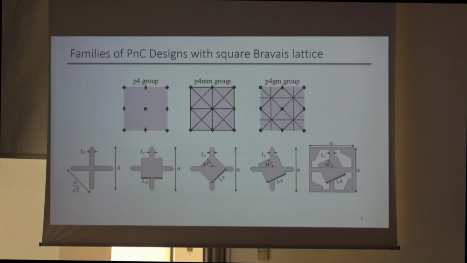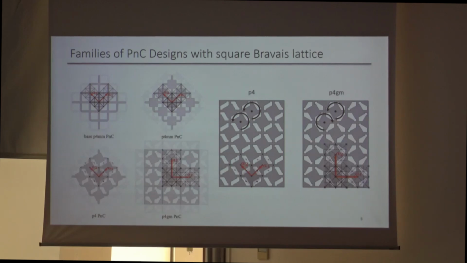Then we rotate it 45 degrees, and then we rotate it at different angles. And if we rotate each layer in the same direction, we will obtain the P4 group. If we rotate each layer in different directions, like clockwise and counterclockwise, then we will get the P4GM group. And note that for the P4GM group, the primitive cell is larger.